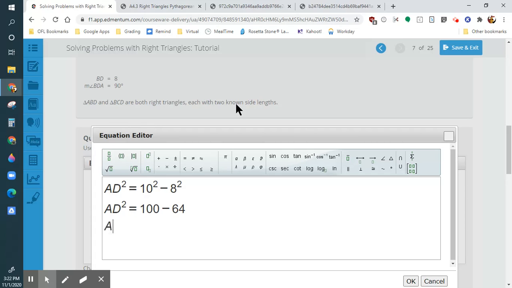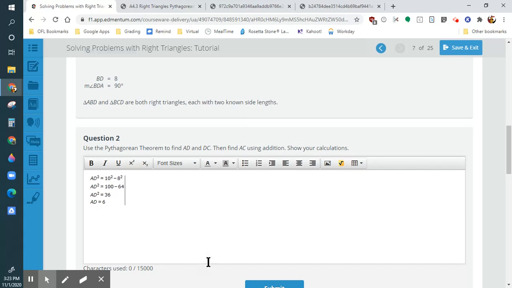Means that AD squared equals 36. Therefore, AD equals 6. That's all for AD.